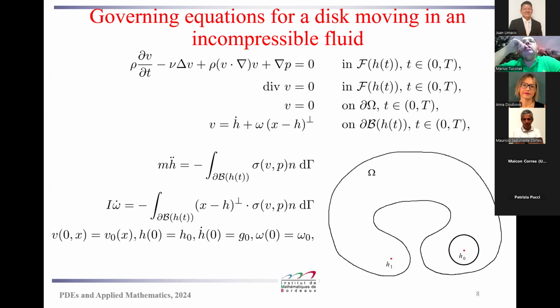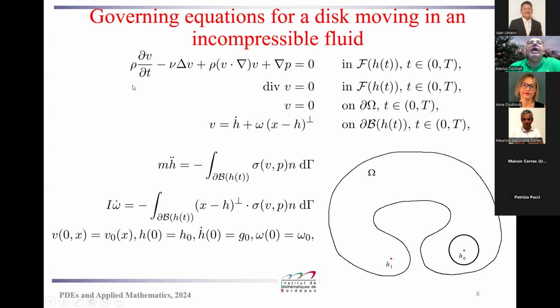That's why it is denoted by F(h(t)), and that's where the Navier-Stokes equation holds. Then I have an interface between the solid and the fluid where I have the continuity of the velocity flow. So this is a version of the no-slip condition. So what is the notation here?